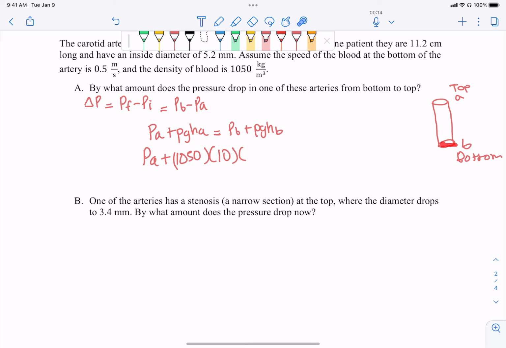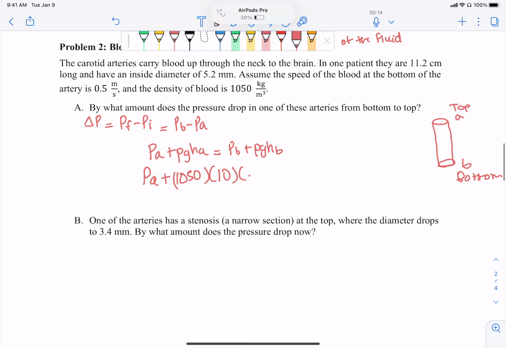I usually put my B, the bottom, at 0 meters, and then my A, the other value I'm looking for, is the height. So the height at A is going to be 0.112 meters, because that's the 11.2 centimeters, the length of the artery.